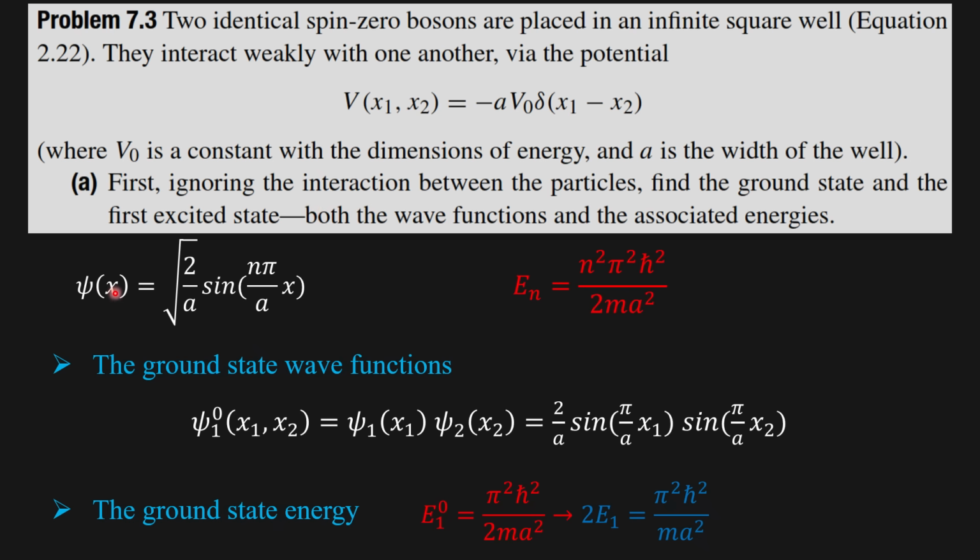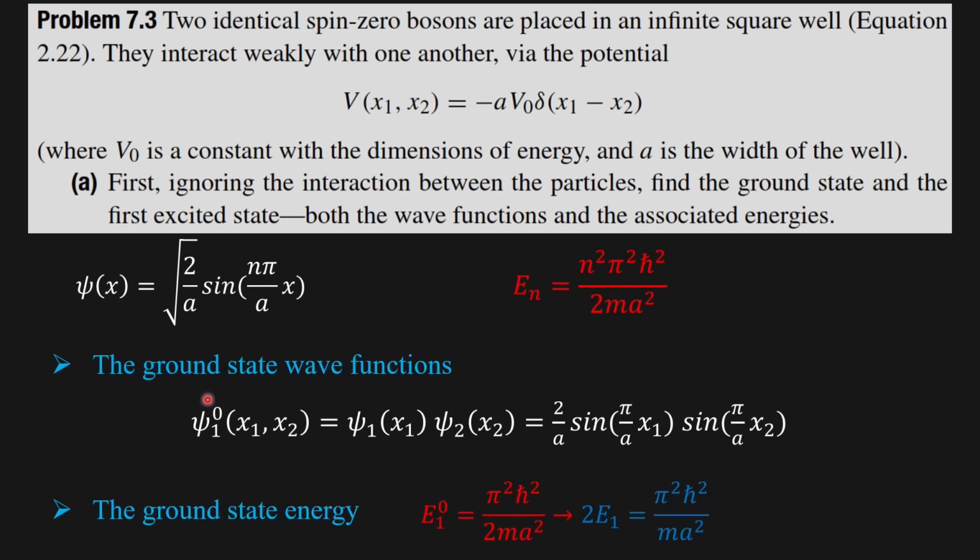So psi of x for the infinite square well potential from Equation 2.22 is equal to square root of 2 over a sine of n pi over a x. Then the nth energy level, also according to Equation 2.22, is E sub n equal to n squared pi squared h cross squared over 2 m a squared.